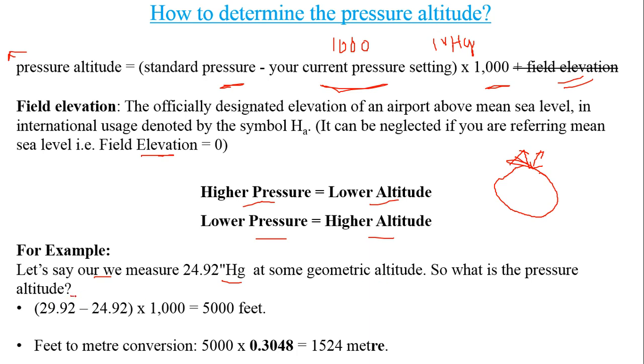So what is the pressure altitude? As the formula suggests, it is the difference between the standard pressure and the measured pressure. The standard pressure is 29.92 inches of mercury, and the pressure we have measured is 24.92 inches of mercury, times 1000. So we obtain approximately 5000 feet.